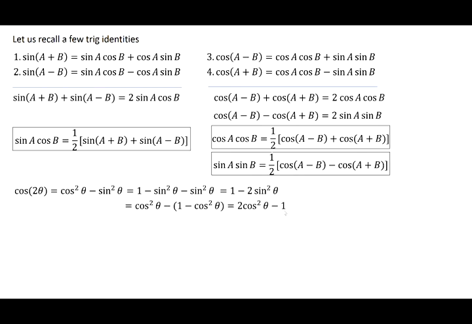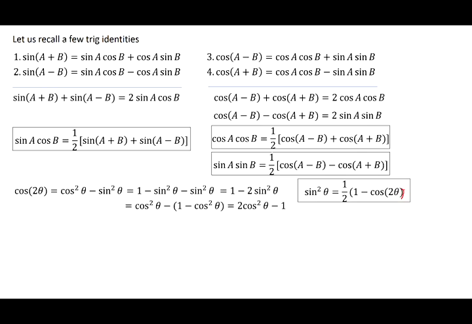Why are we doing all of this? Because we want to be able to figure out what sine square theta would be in terms of this cosine 2 theta and a constant. And so if we solve for sine square theta, then we get sine square theta to be 1/2 of 1 minus cosine 2 theta. Missing another parenthesis on there.